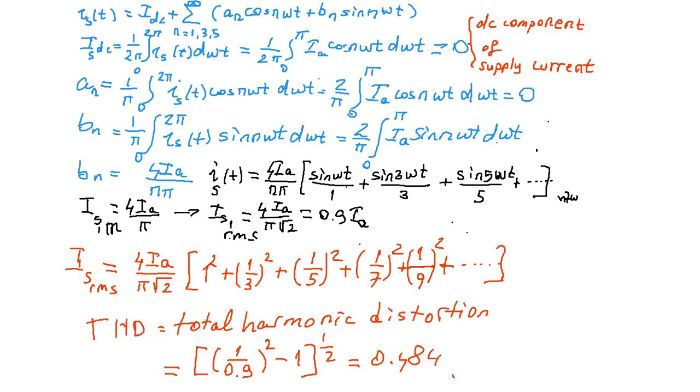Fifth harmonic has fifth order of the frequency, then seventh harmonic, and the amplitudes are 1/5, 1/7, 1/9, so reducing as well, but the frequencies are increasing. If you combine those sinusoidal AC waveforms, you will end up with DC. This is what Fourier analysis is all about. Why do we use the Fourier analysis here? I'm going to come to that.